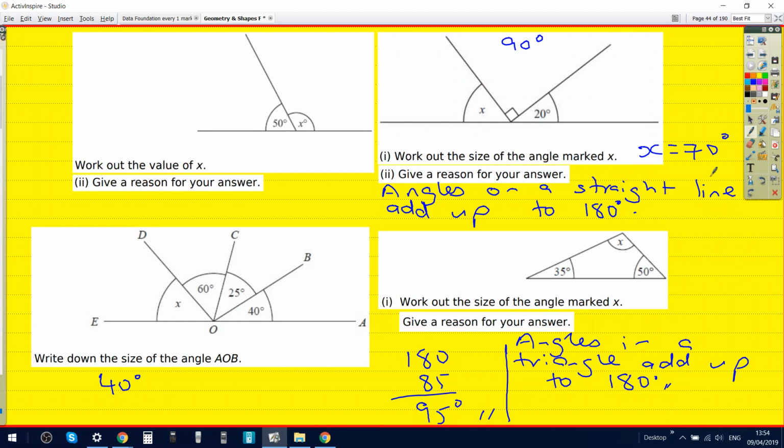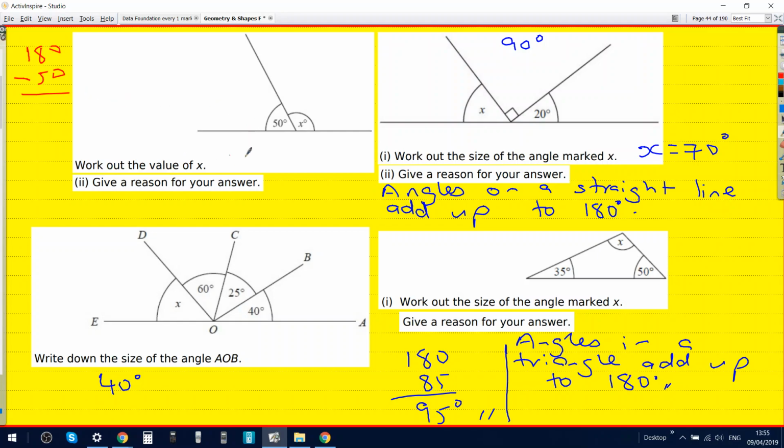Top left. Work out the value of this. So we do 180 minus 50. What is that? 130.